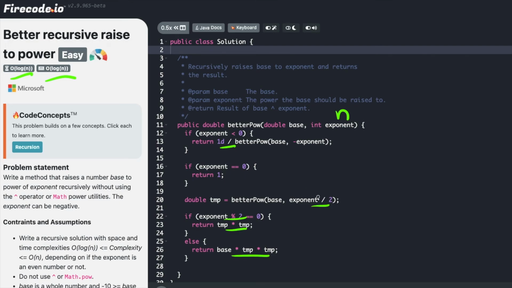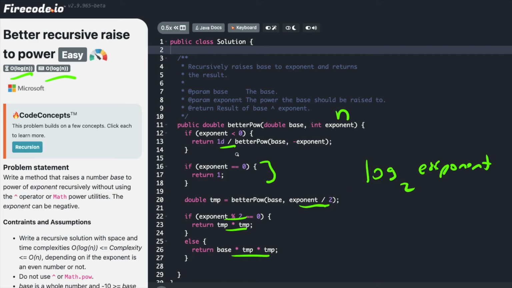Every time through, we divide our exponent by 2. So how many times can we divide our exponent by 2 before we get to our base case where the exponent gets down to 0? The answer is log base 2 of our exponent. Log base 2 of our exponent is the number of times that the method will be called.